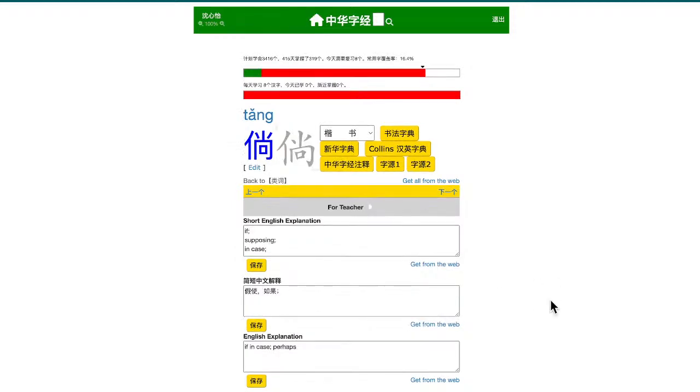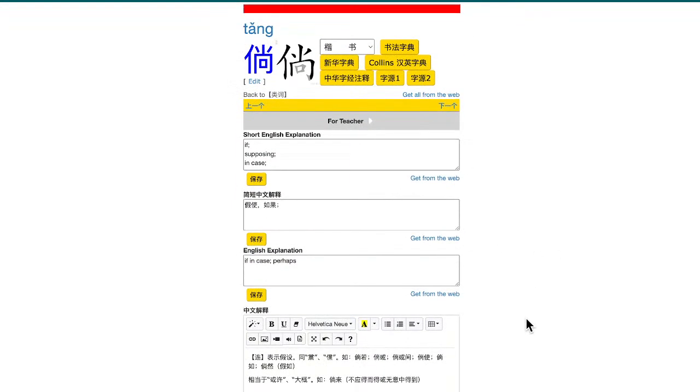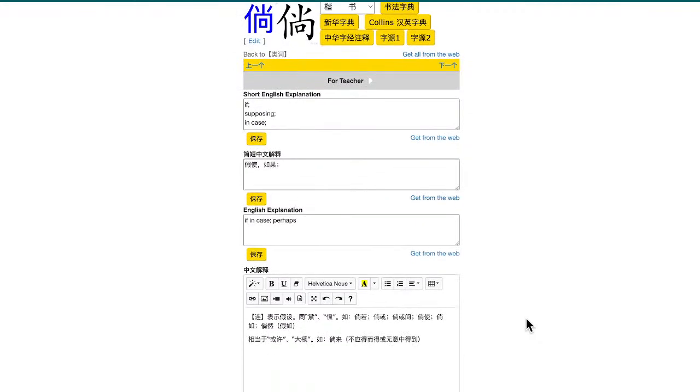Next one, tang. Now this one is a word for indicating sentence structures. The common one is, in English, equivalent to "if", or supposing, or in case.